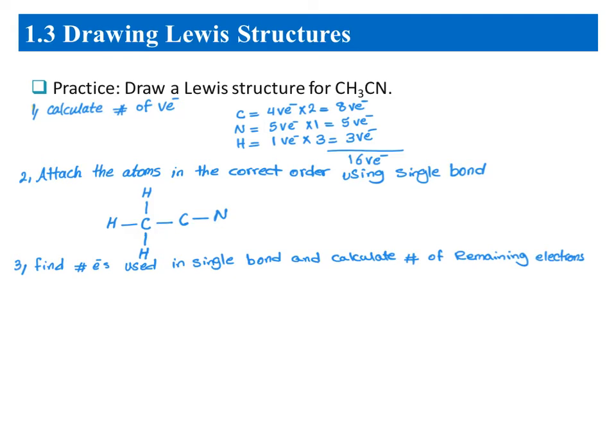So I know that each bond can take 2 electrons. I used 1, 2, 3, 4, 5. So overall 10 electrons were used out of the 16 valence electrons that we calculated. So 10 electrons for bonds gives me 6 remaining electrons.